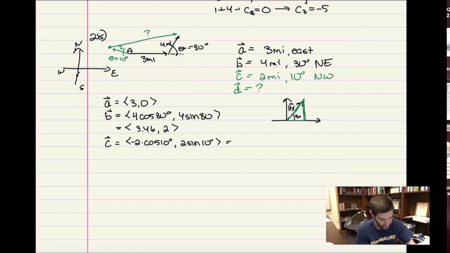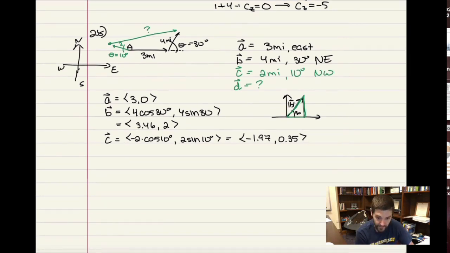It will point straight up, which is appropriate for that vector. So then this is negative 1.97, comma 0.35. And again, going back to what we did at the board, that angle is very slight. The vector C is essentially horizontal. So it makes sense that the horizontal component is much bigger compared to the vertical component. It's doing most of its moving in the horizontal direction.